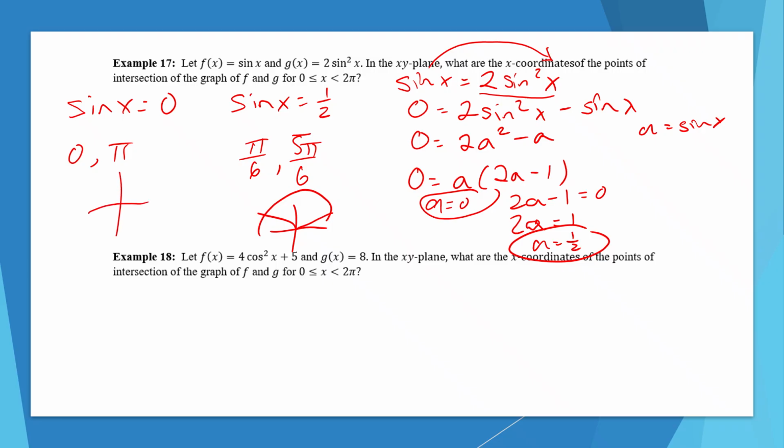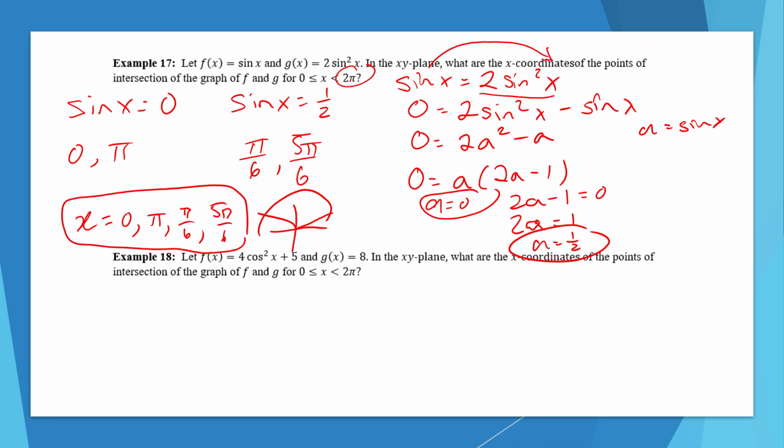And then sine, your y-coordinate, will be 0 at 0 and pi. We don't include 2 pi here. So our answer should be x equals 0, pi, pi over 6, and 5 pi over 6 for number 17 there.